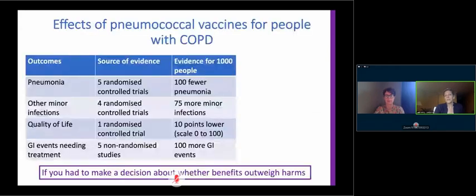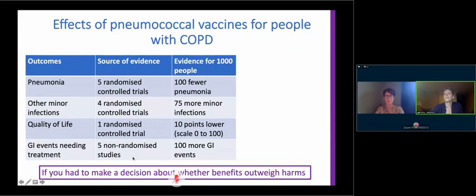And I typically use an example like this: say you've conducted a systematic review about providing vaccines to people with COPD. I've made up this data, it's not from a real systematic review. But obviously, you would have identified some important outcomes, such as pneumonia and infections, quality of life, and possibly GI events from the vaccine.